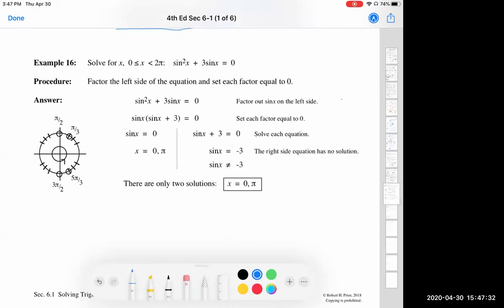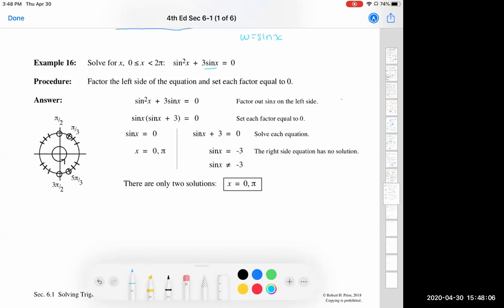All right, factor the left side. Example 16, solve for x for the equation sine squared x plus 3 sine x equals 0. Since we see we have a quadratic, we should try factoring. If you ever don't like the way it's done in the example, you can do it the way we did with the substitutions. So we see a sine x, so we're going to let w equal sine of x.